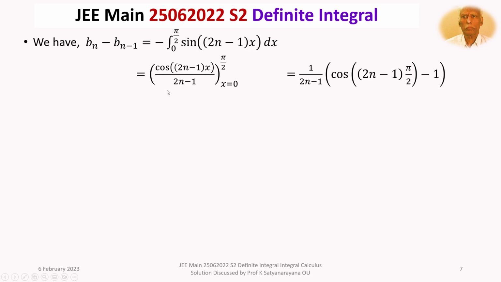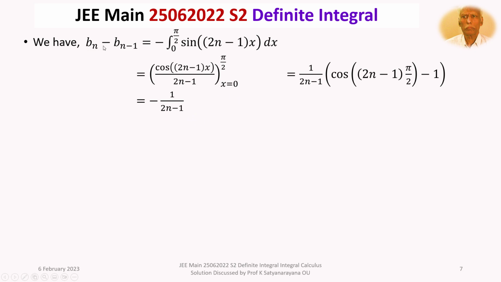So 1 by 2n minus 1 taken common, and for the upper limit cos of 2n minus 1 pi by 2, for the lower limit cos 0, which is 1. Cos of 2n minus 1 pi by 2, where n is a natural number, means pi by 2, 3 pi by 2, 5 pi by 2, and so on, and the cos values are 0. So you are left with the answer minus 1 by 2n minus 1.